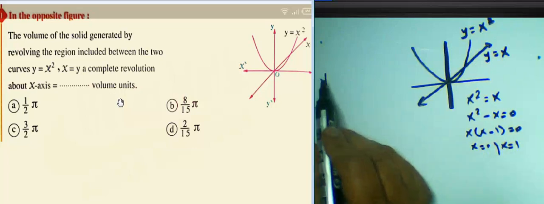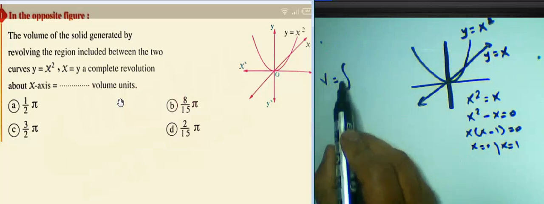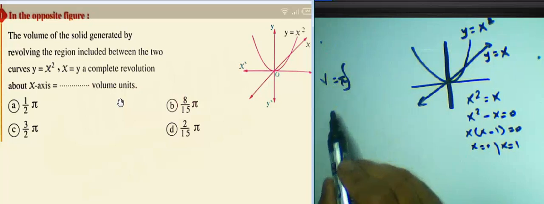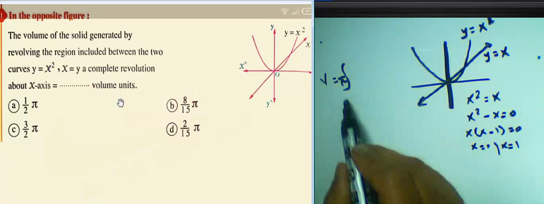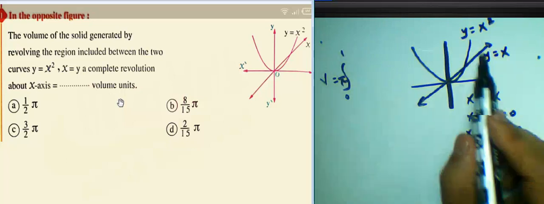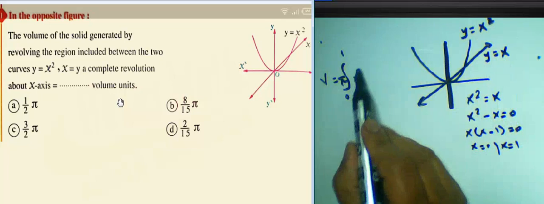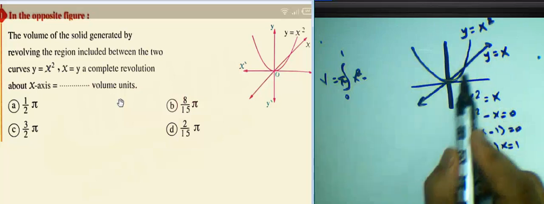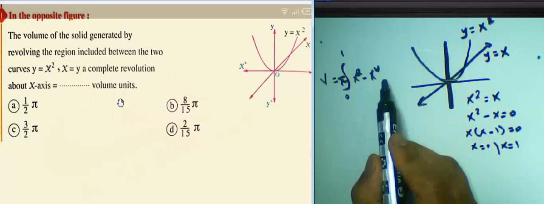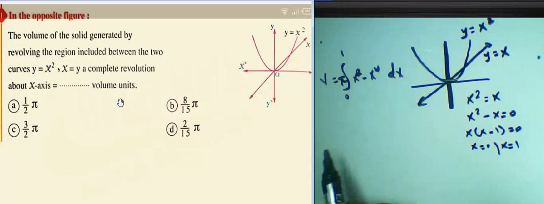Okay, then the volume will be equal to pi multiplied by the integration from 0 to 1 of the upper curve, x power 2, squared, which will be x power 4, subtract the lower one squared, all dx.